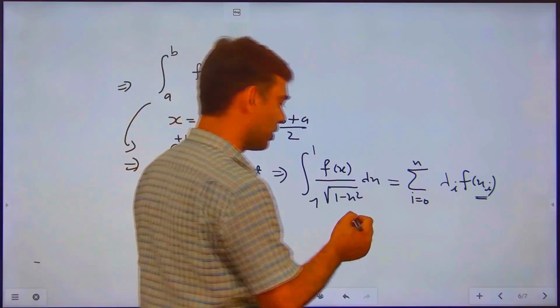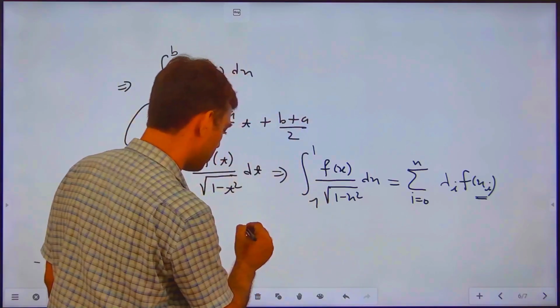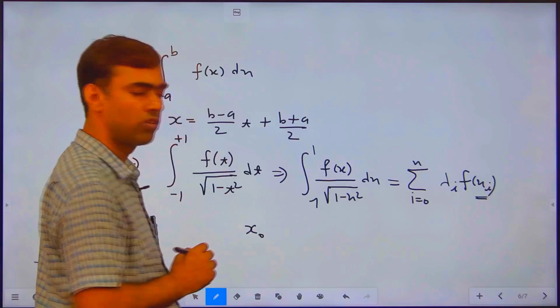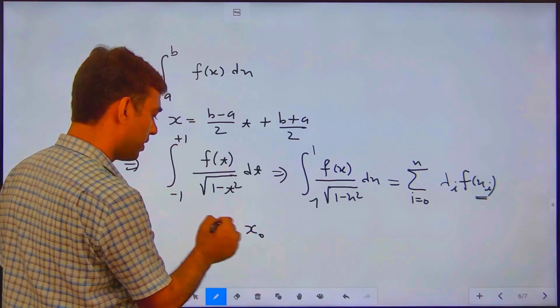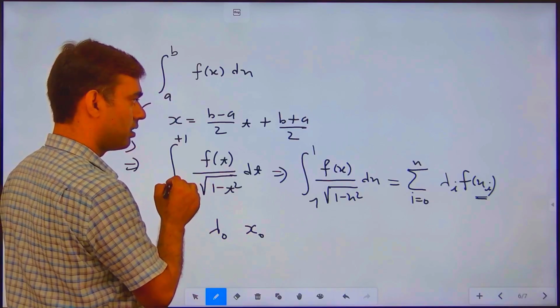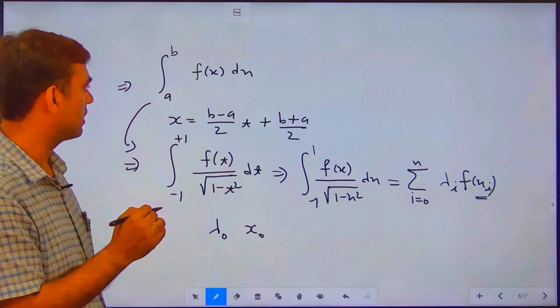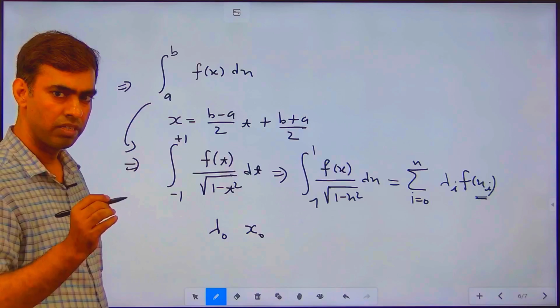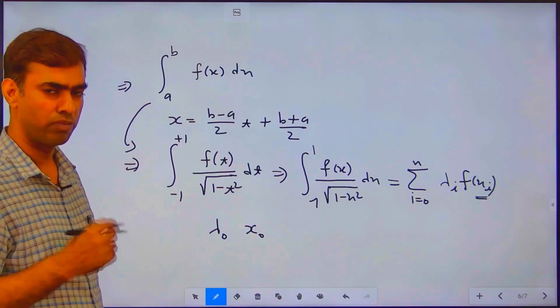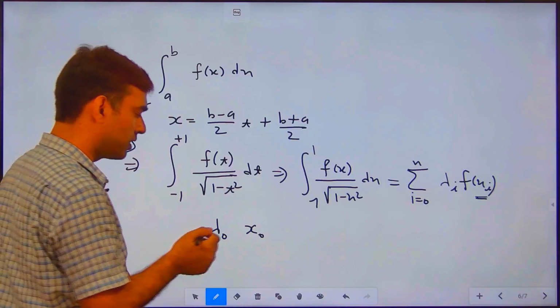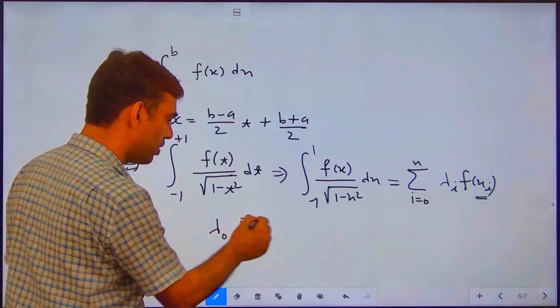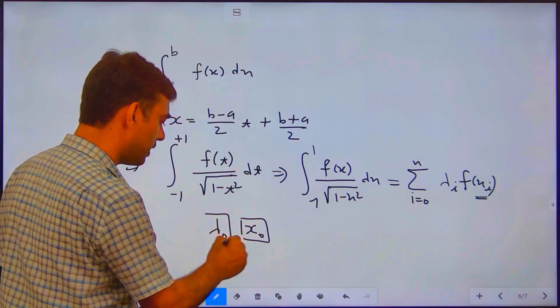That is, if we have one nodal point x0 and corresponding weight lambda 0, then we say it is the 1 point formula of the Gaussian Chebyshev integration method. Why is this called 1 point? Because there is one nodal point and corresponding weight.